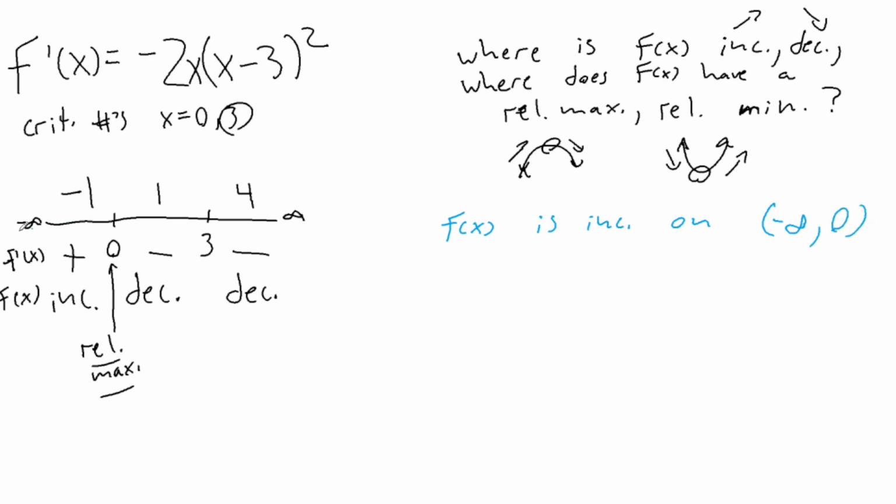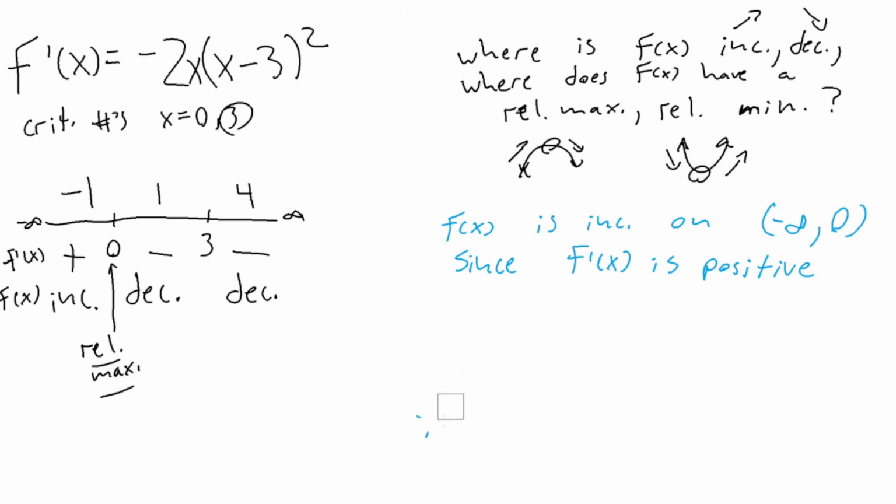It's increasing on negative infinity all the way up to 0. Since, right, we have to explain, since f prime of x, or the slope of the tangent line, is positive. It's increasing because the slope of the tangent line is positive, which makes sense, right?